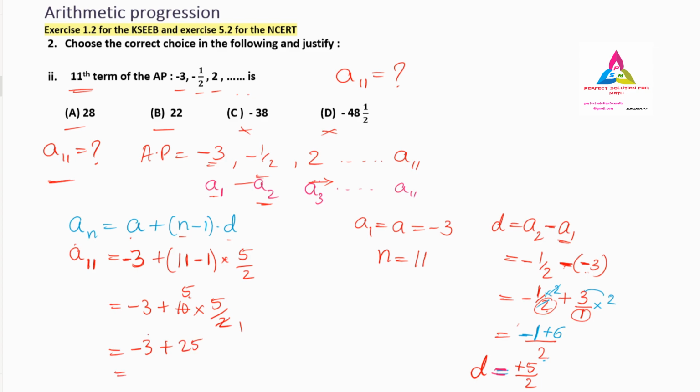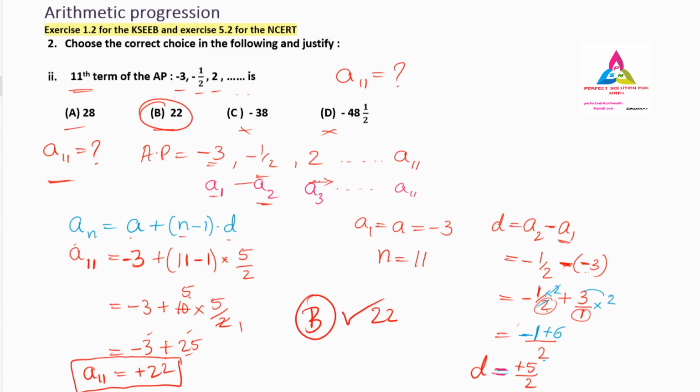Between minus 3 and 25, the biggest number is 25, having the positive value. So 25 minus 3 is nothing but 22. So the 11th term, A11, is 22. That is option B. So for this question, B is the correct answer, that is 22.